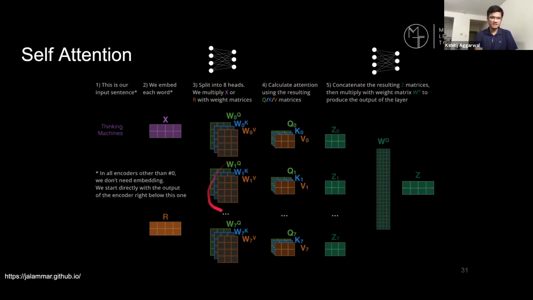We apply different query, key, and value weights to generate them for different heads. Applying the attention scoring function, we generate the attention scores, and then we concatenate them together and apply another multi-layer perceptron to generate the output of a desired size.